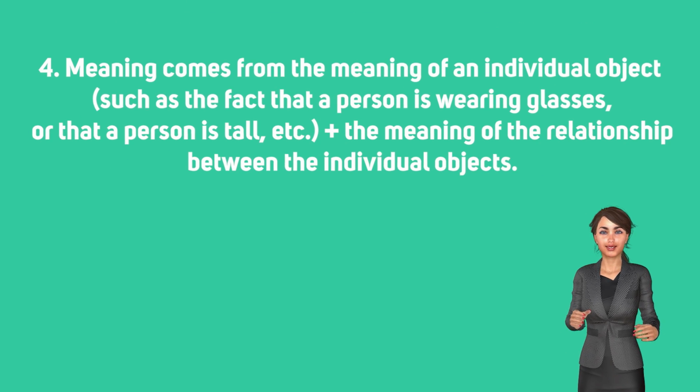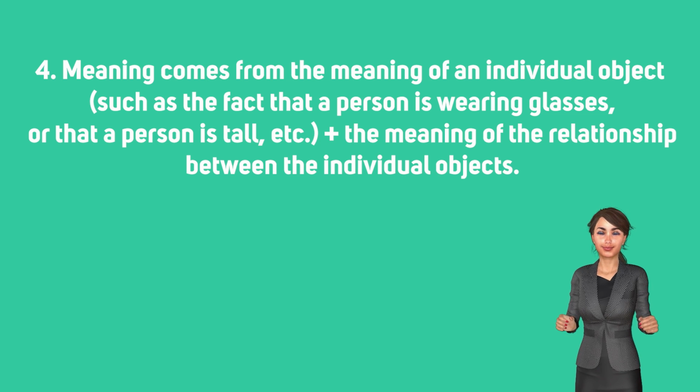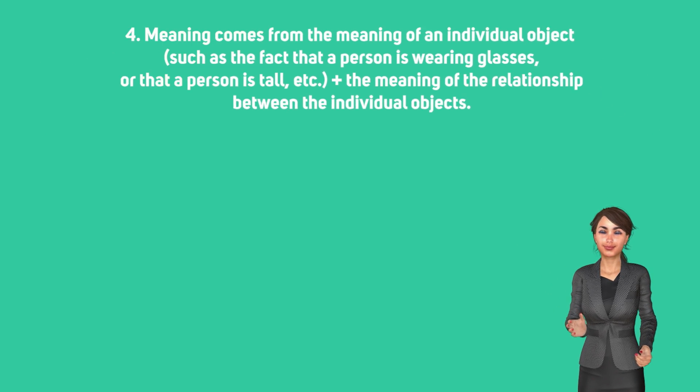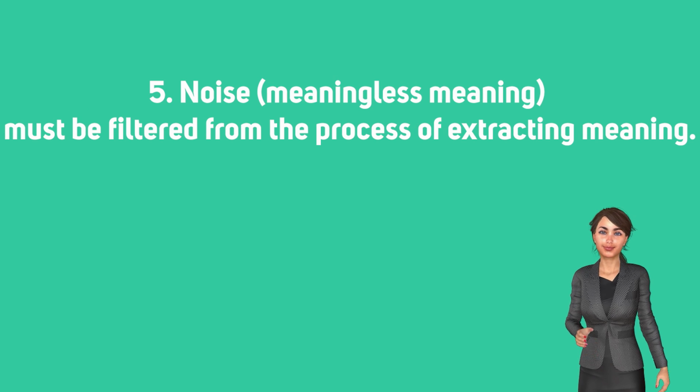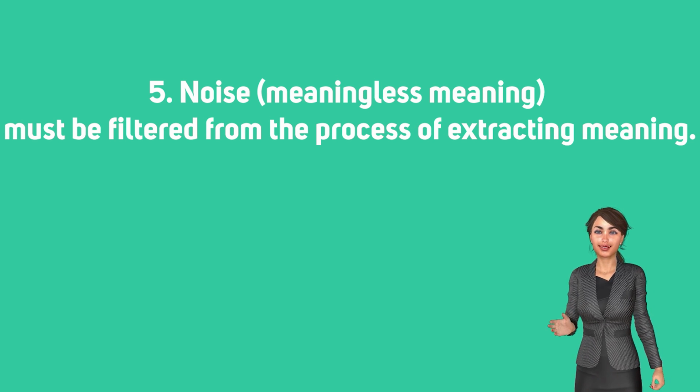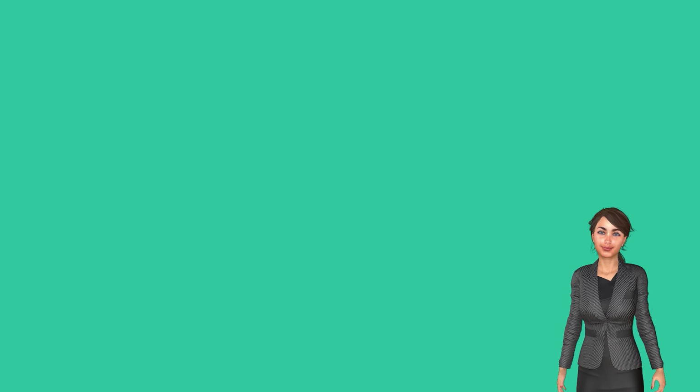4. Meaning comes from the meaning of an individual object, such as the fact that a person is wearing glasses, or that a person is tall, etc., plus the meaning of the relationship between the individual objects. 5. Noise, meaningless meaning, must be filtered from the process of extracting meaning. 6.